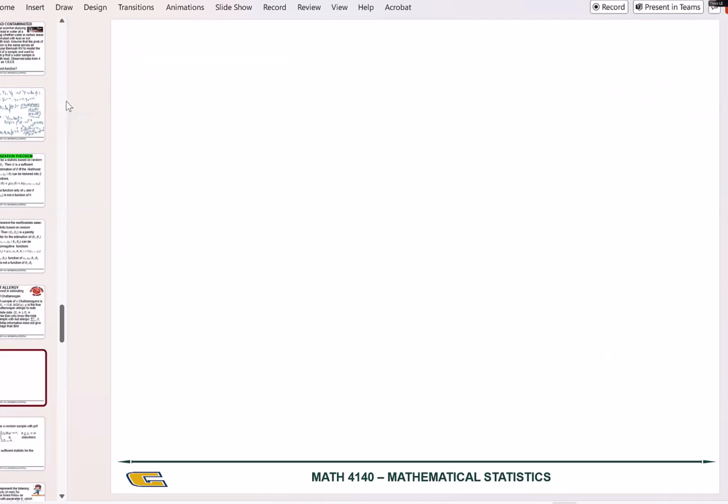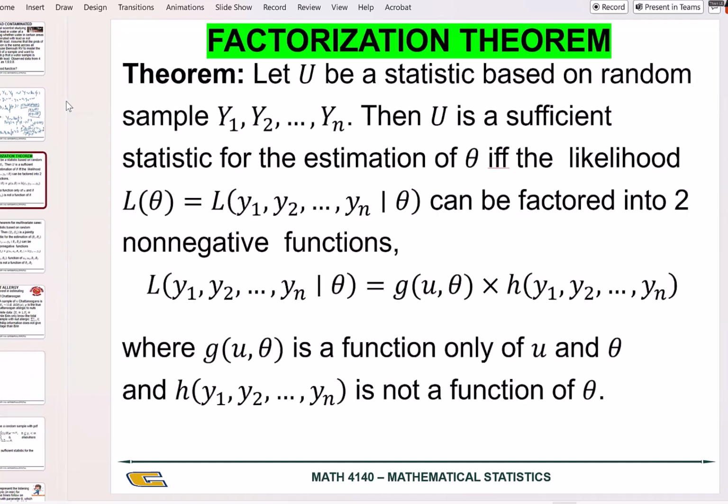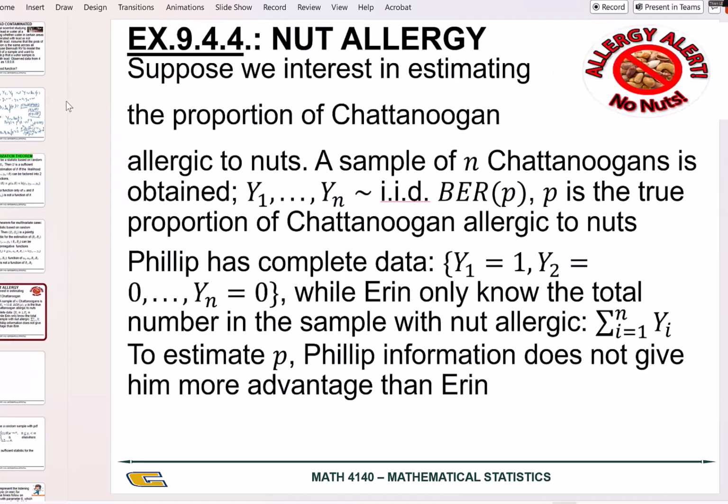If you look at the factorization theorem, you will be able to prove that u, in this case the summation, is sufficient. Because Aaron doesn't have any disadvantage compared to Philip.